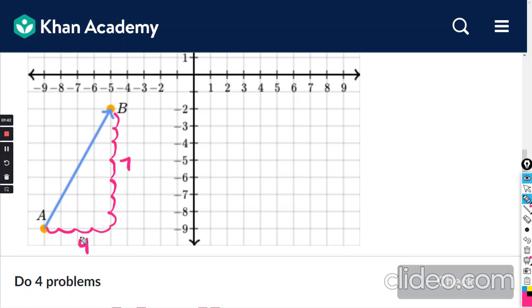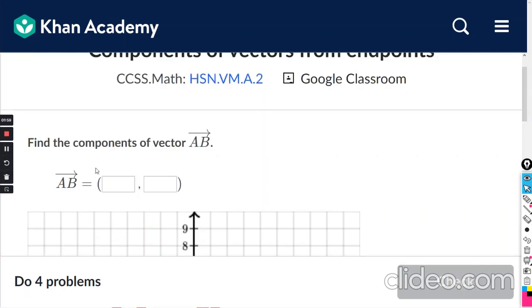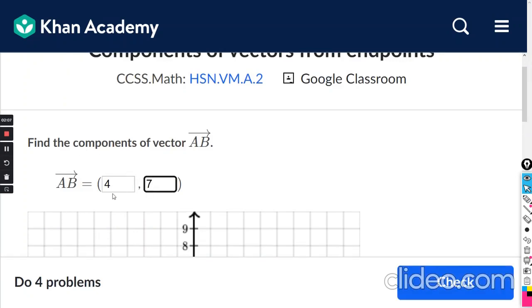Remember, right and up is positive, down and left is negative. So the x component is 4 and the y component is 7. So it's just going to be 4, 7. So click inside the box, 4, 7. I said coordinates, but it's actually components, not coordinates.